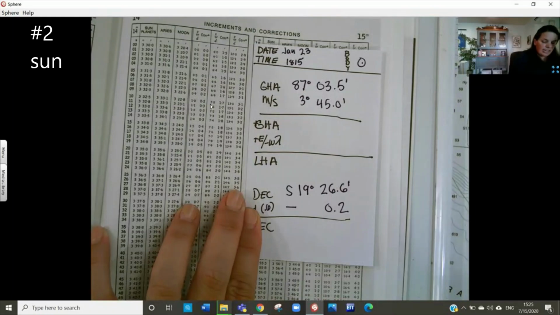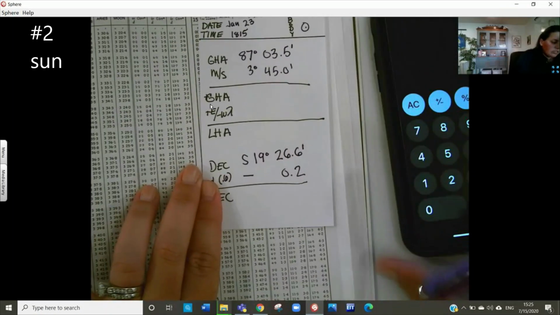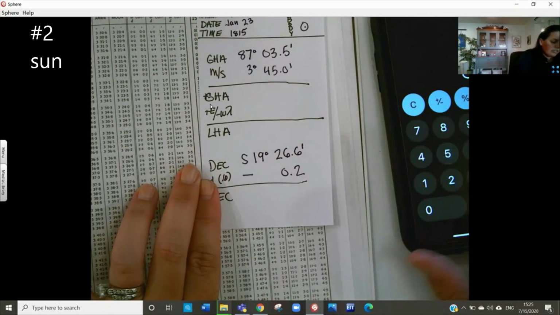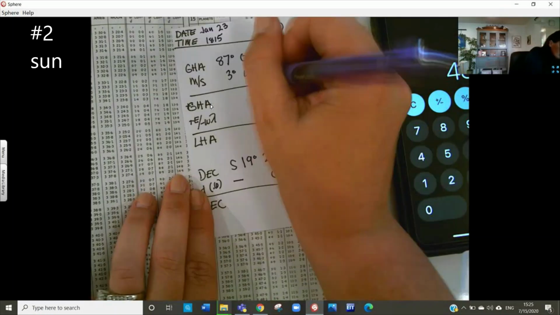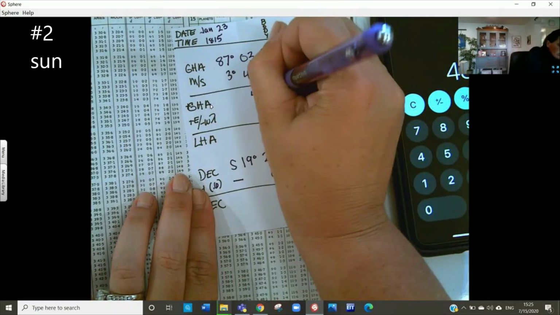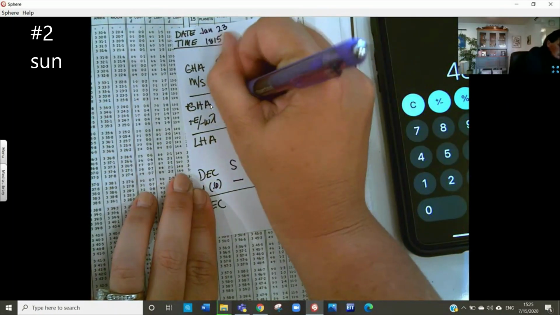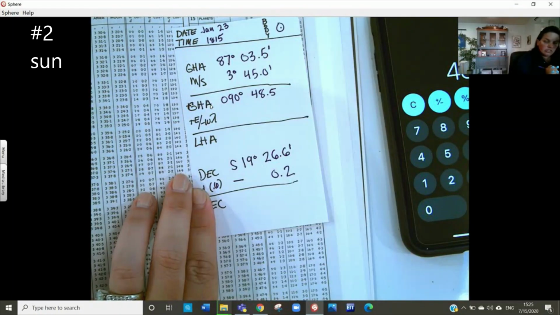We're always adding our minutes and seconds. So we have 3.5 plus 45 degrees.